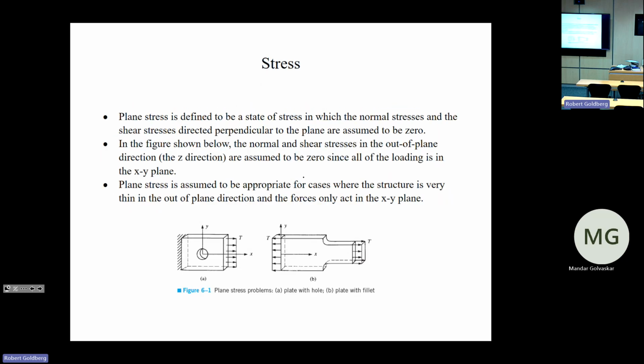Now, from a practical point of view, in engineering problems, a condition we run into a lot is called plane stress. And plane stress is a state of stress where all of the normal stresses and all of the shear stresses directed perpendicular to the plane are assumed to be zero.